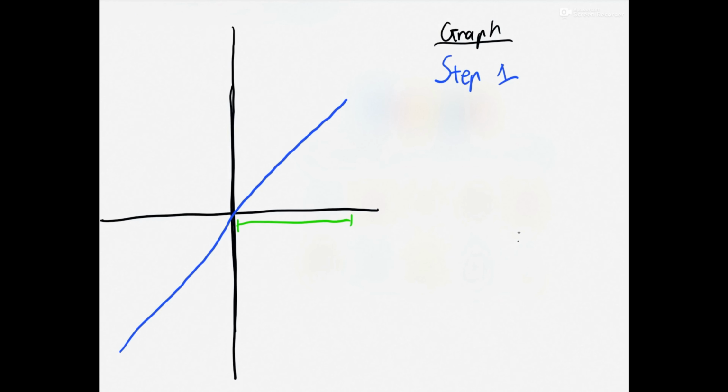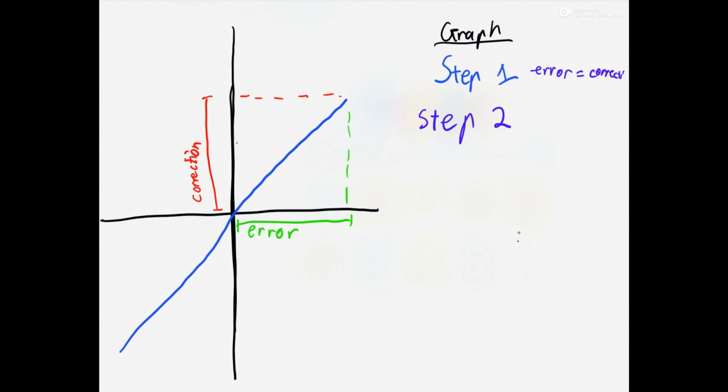Once again, let me illustrate the math behind this with a graph. Let's show the line after step 1. This is the line that would have happened if we followed the line by step 1. For every percentage of error increased, 1 degree of the robot's direction is increased. However, we can fine-tune these values by adding the proportional variable. Before step 2, the error would be equal to correction.